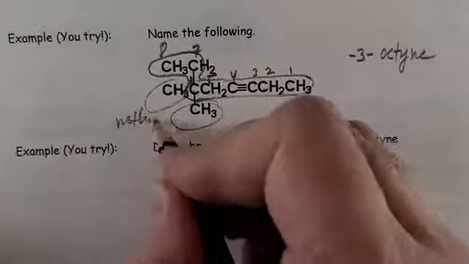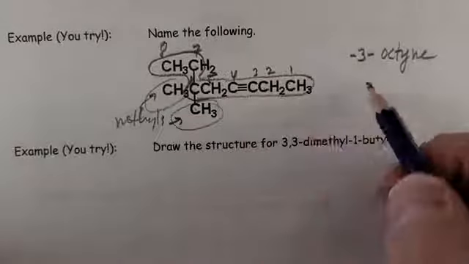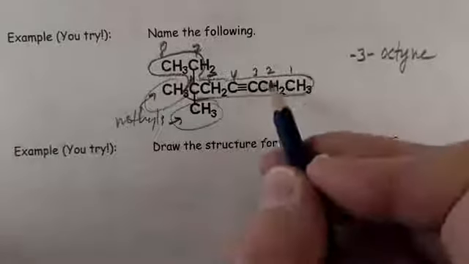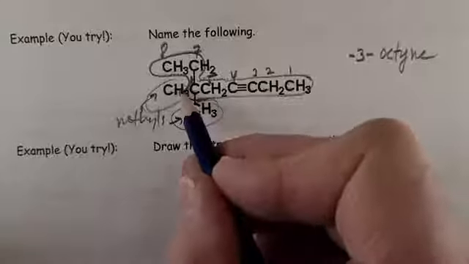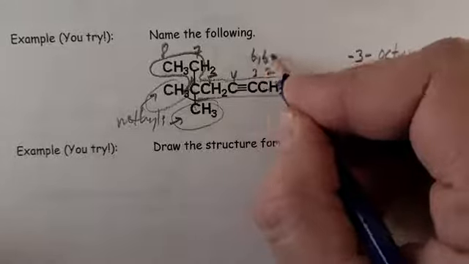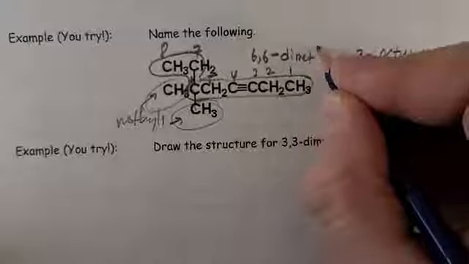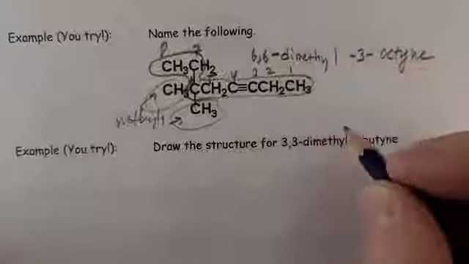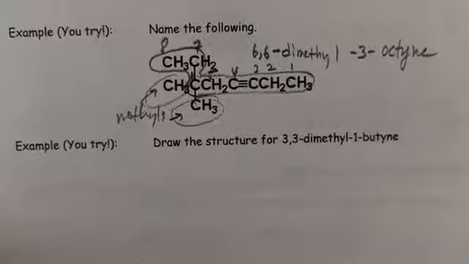Look at that, we have some methyls, and those methyls are at positions, let's see, 1, 2, 3, 4, 5, 6, and 6. So 6,6-dimethyl-3-octyne. There we go.